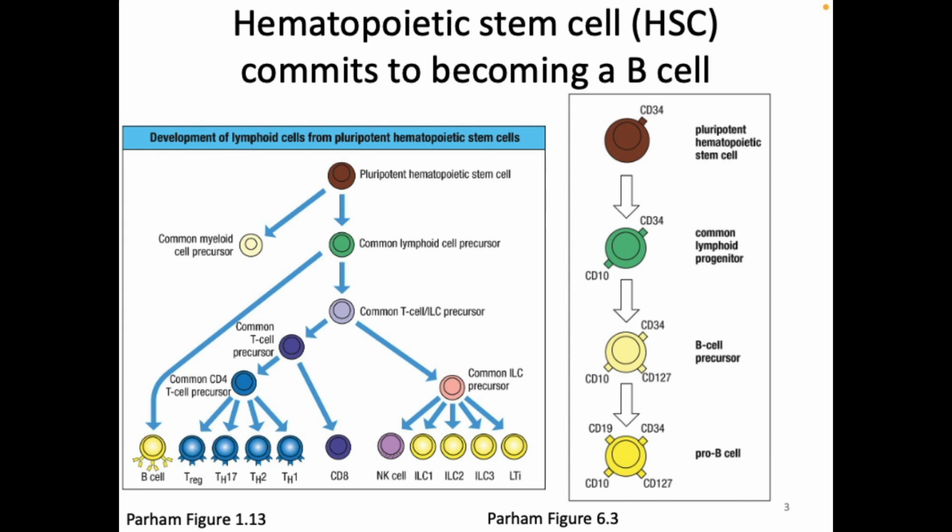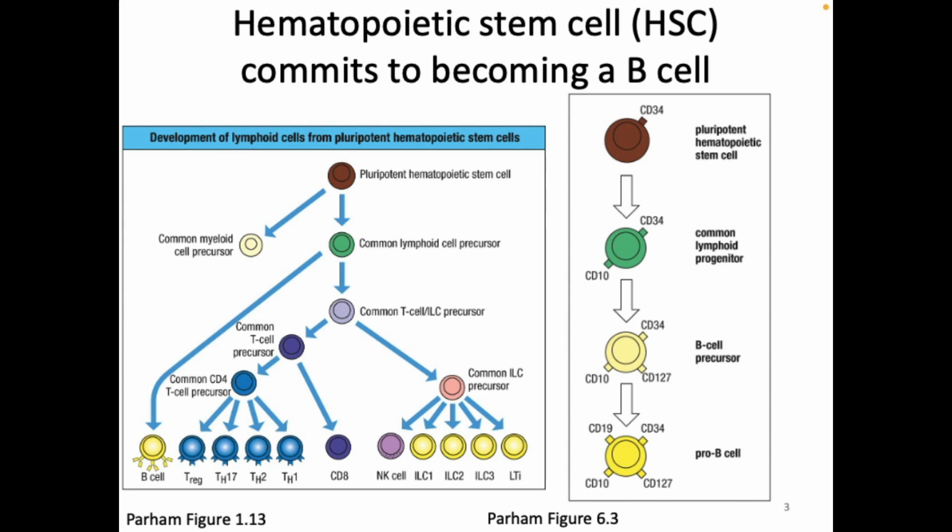You can see that when we are looking at some of these different types of precursor cells, the word progenitor is often used. So you can see we've got progenitors listed here. And the first cell that we're really going to think about is the pro-B cell.